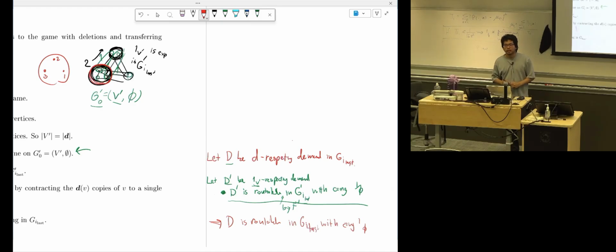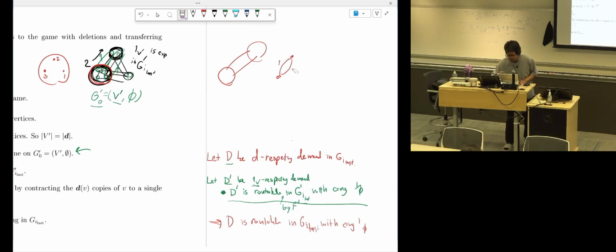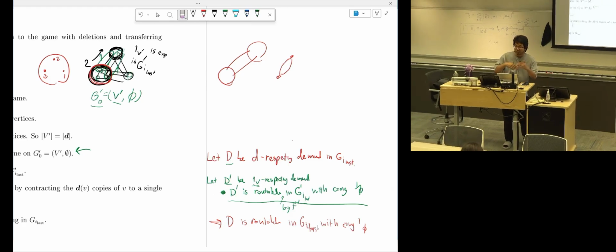If you have two edges here, after contraction you can think of it as two parallel edges. The flow that goes through this is the same amount, so the congestion doesn't increase. Everything outside the contraction stays the same, and everything inside the contraction, you now forget about the congestion inside the part.